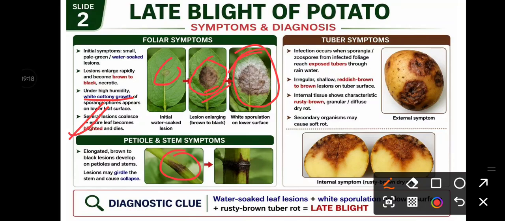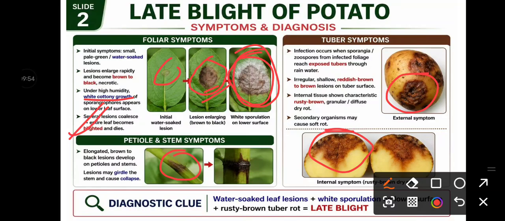Here you will get this sporulation. This sporulation is washed by rainwater and ultimately reaches the exposed tubers, and on the tuber irregular shallow reddish brown to black lesions are formed. Okay, here you can see reddish brown lesions that are irregular and shallow, and the internal tissue shows the characteristic rusty brown granular diffuse dry rot.